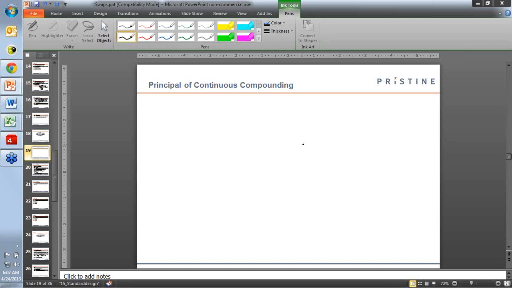Okay, so I think it would be better for me to take this up since people don't seem to be aware of this concept. If you can recall very basic compounding, the time value of money, we have this formula.